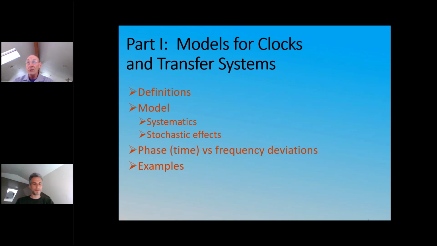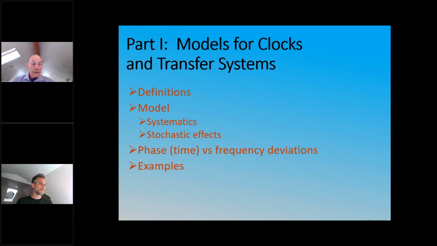This talk is actually from a seminar that NIST gives every year. They're still doing it every year on time and frequency. I gave this at NIST for, I don't know, 20 years every year. This is an abbreviated version of it because the original talk was a couple hours or more.